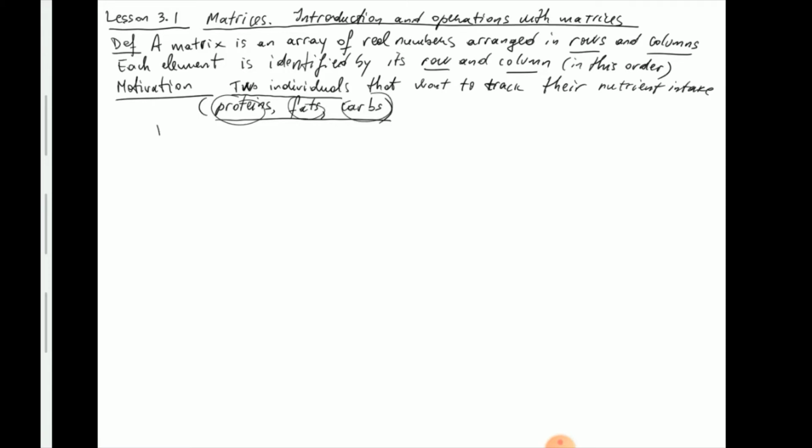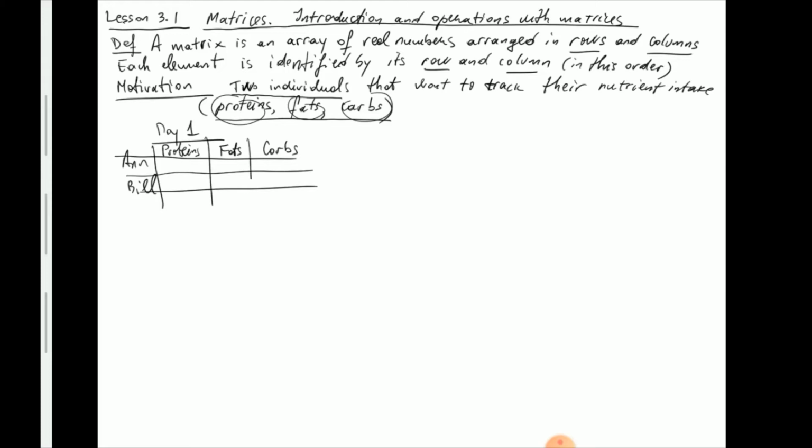So for instance, for a day worth of tracking the meals, let's say two individuals, let's call them Anne and Bill, would like to, like I said, trace their intake of proteins, fats, and carbs. So automatically you end up basically with a matrix or a table with 2 rows and 3 columns.